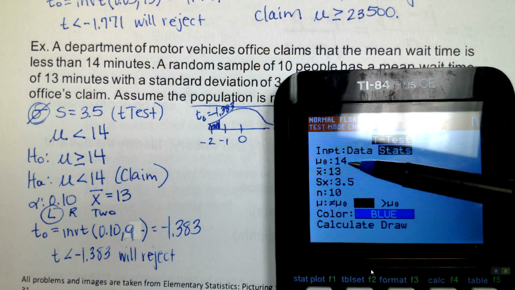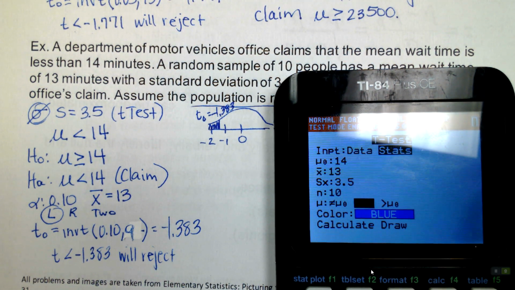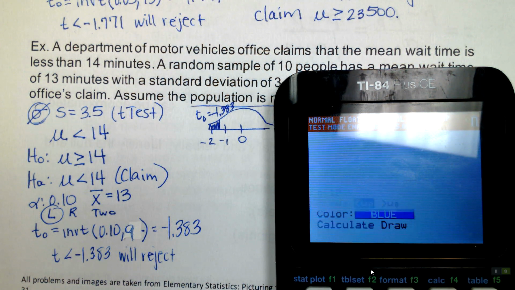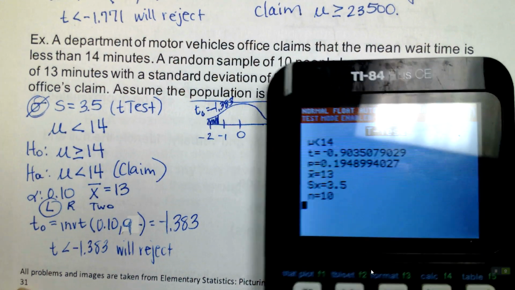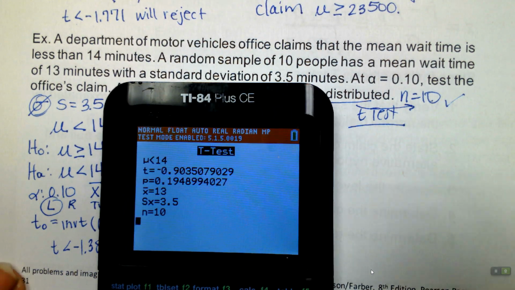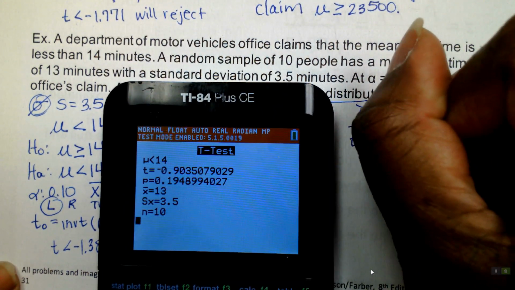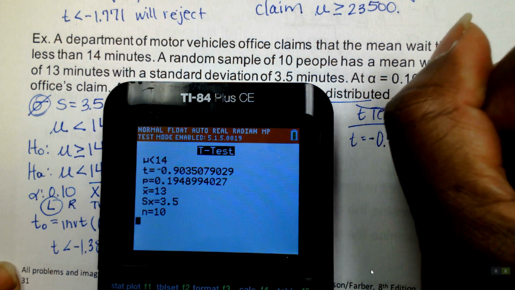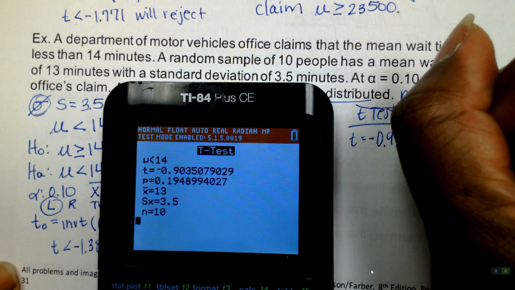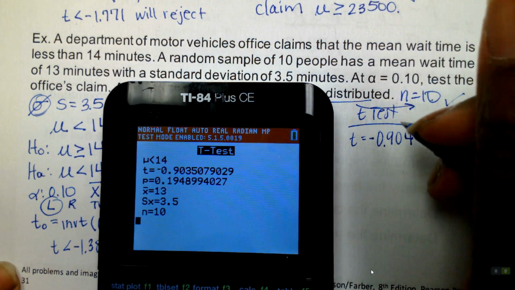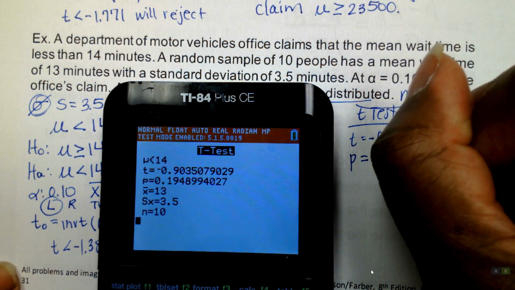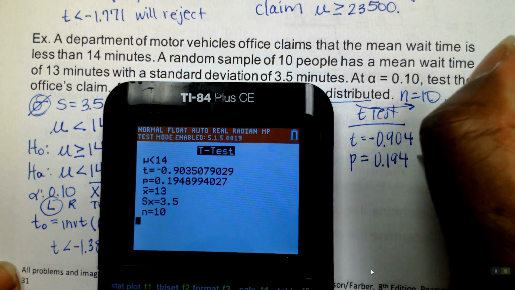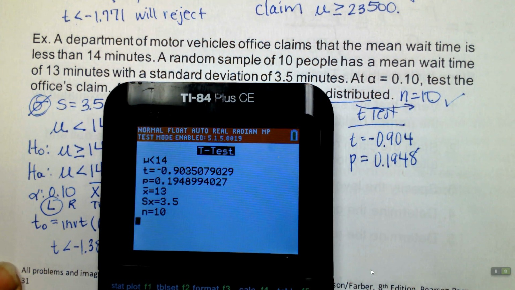Let me double check this because I've been making mistakes today. T is negative 0.904. P is equal to 0.1948, 1949, excuse me.